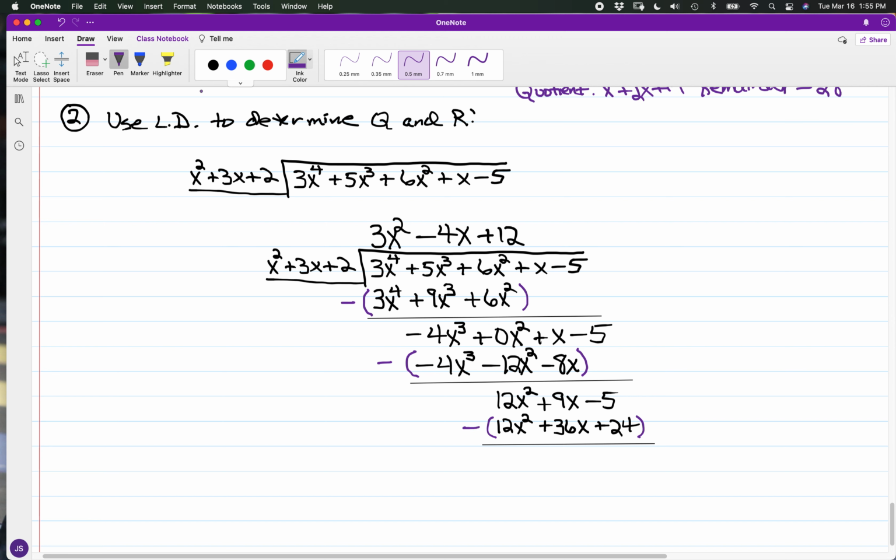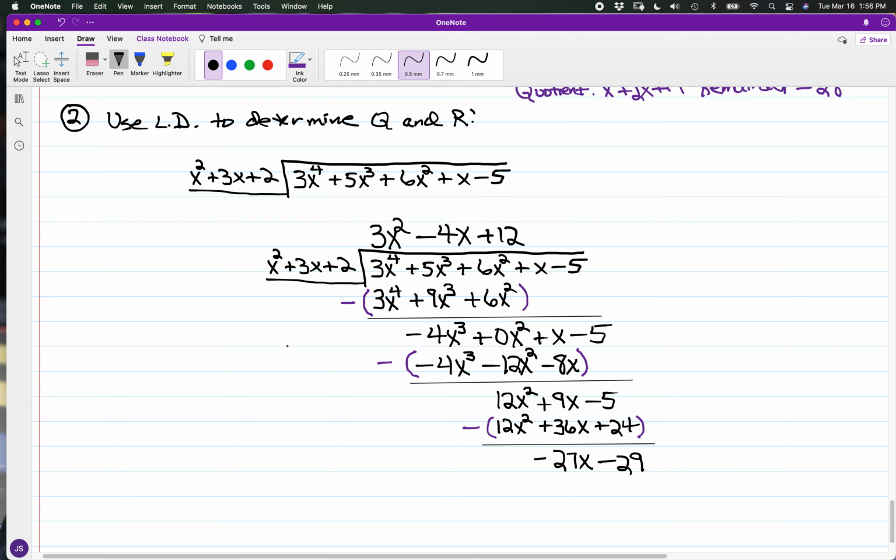In subtracting, 12x squared will go out. Then we have 9x minus 36x, which is a negative 27x. And we have negative 5 minus 24, which becomes a negative 29.